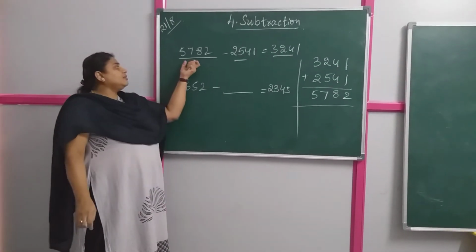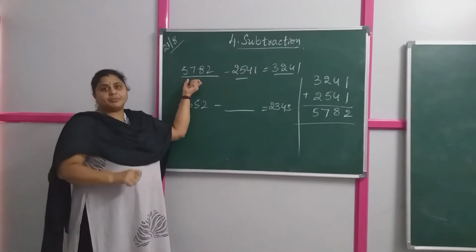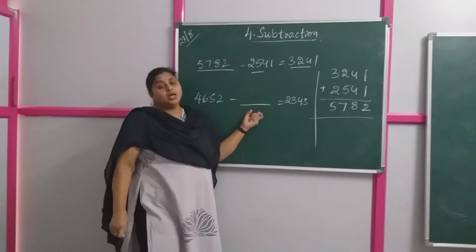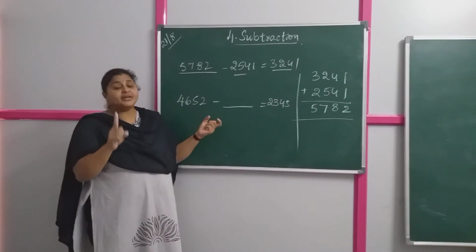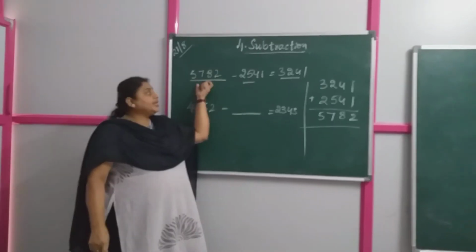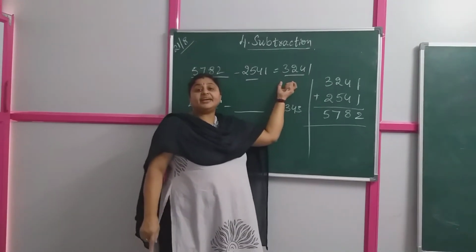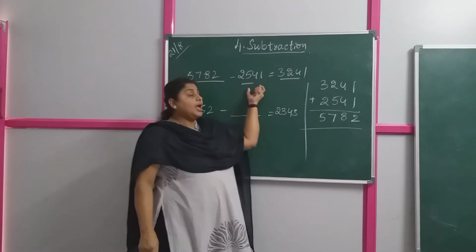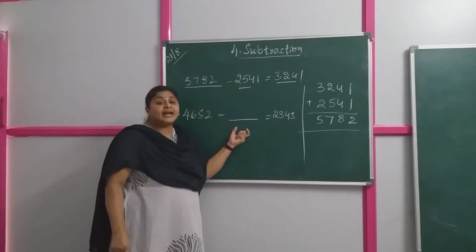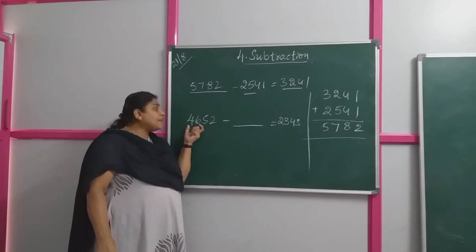Now here we have filled in the first number and here we need to find the second number. Now just remember one principle, children. To find the bigger number, you add the difference and the smaller number. But to find the smaller number, you subtract the difference from the bigger number.